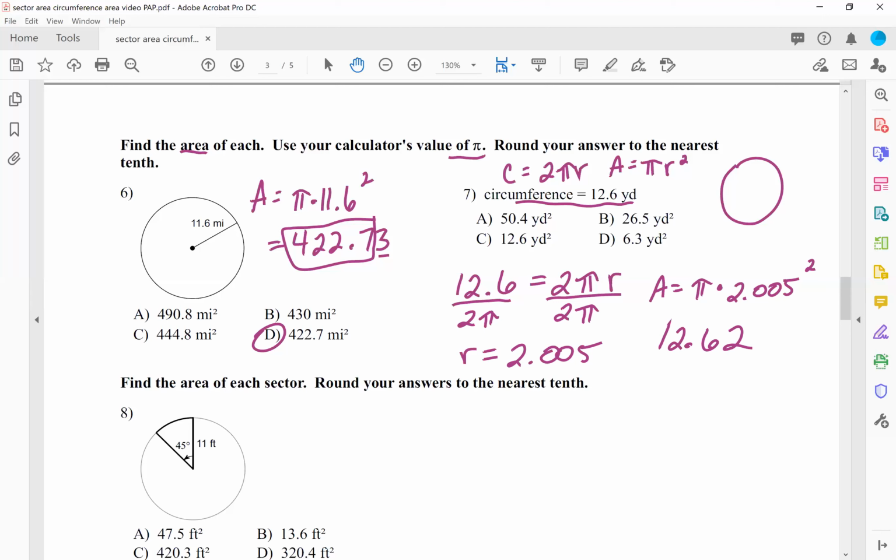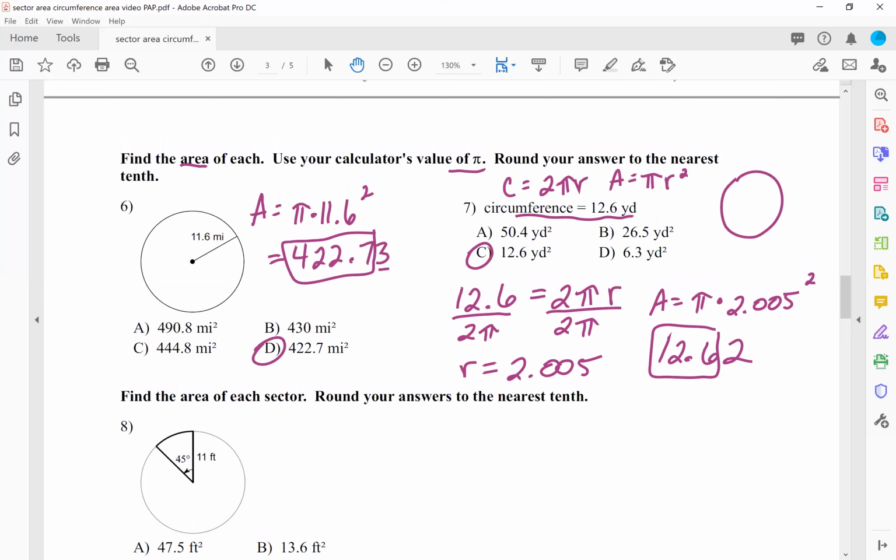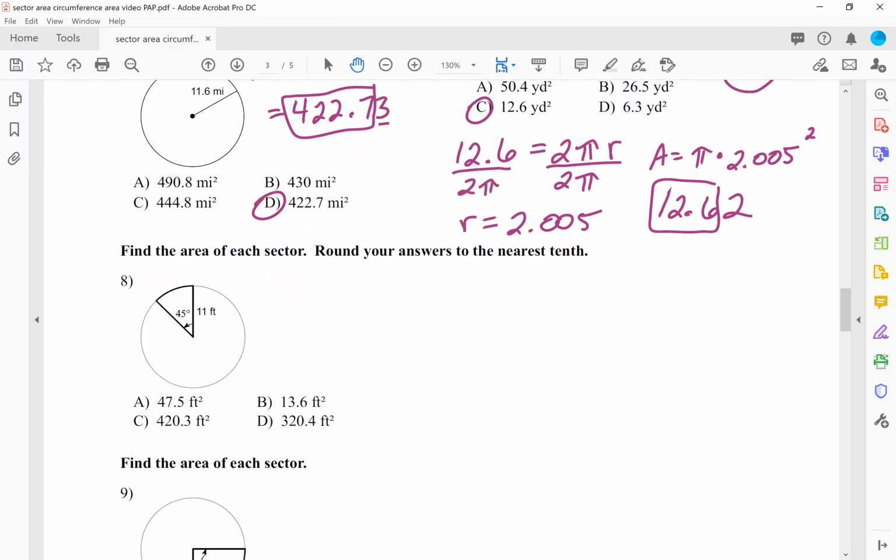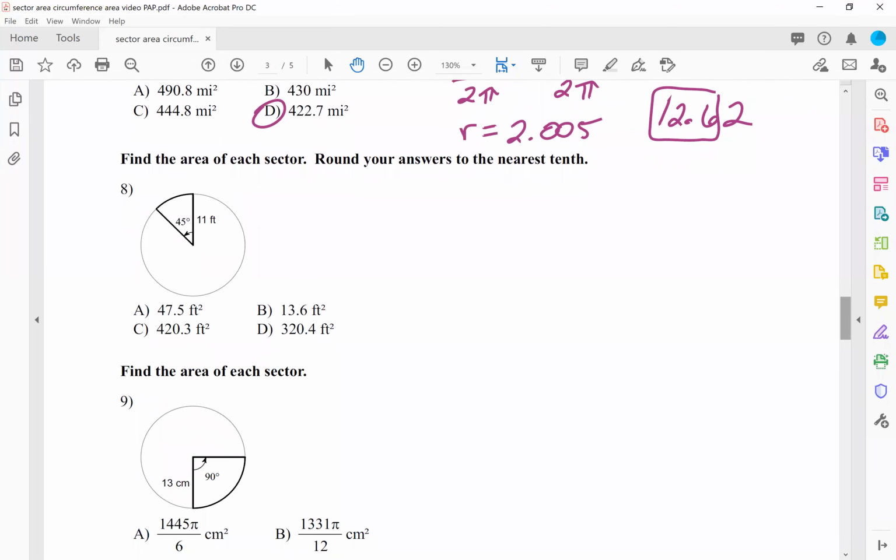Okay, so 12.62. Since we're having to work from the circumference and go back, and they're not telling us how many digits to keep, it's 12.62, so it's 12.6. So on these ones, you just kind of have to look closely at which answer is closest. So 12.6. So sometimes your decimal might be a touch off. Just a heads up.